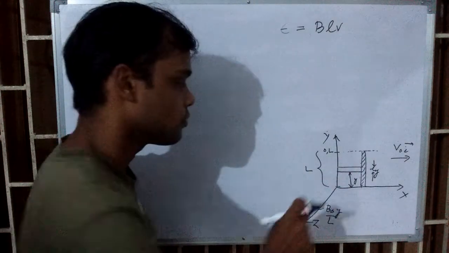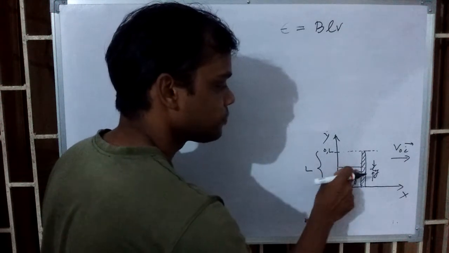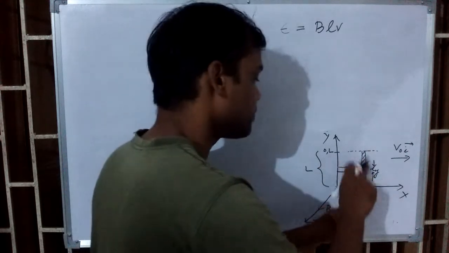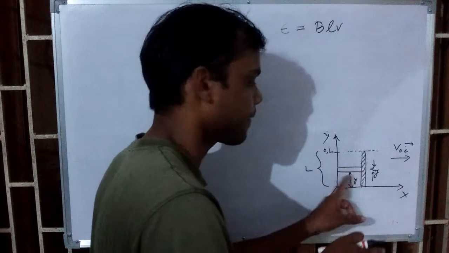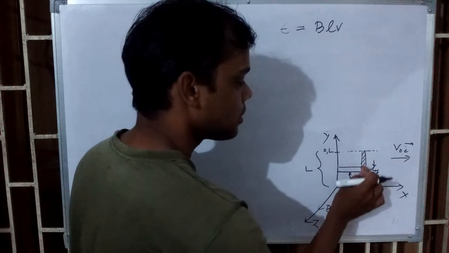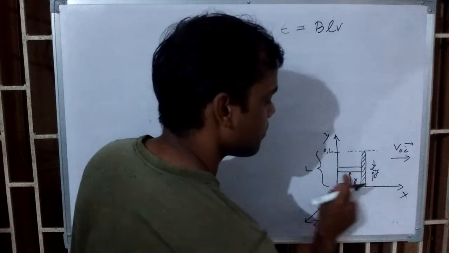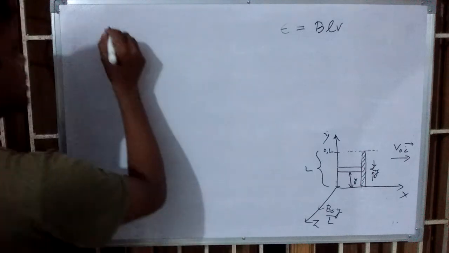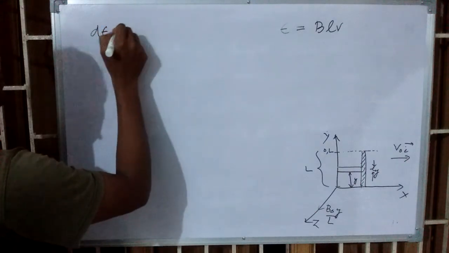Now let us first find out the EMF generated because of wiping of this rod along this small area. First we have to find the EMF induced along this length of the rod by wiping this area. Let that EMF be d epsilon.